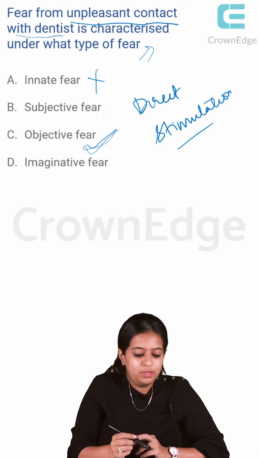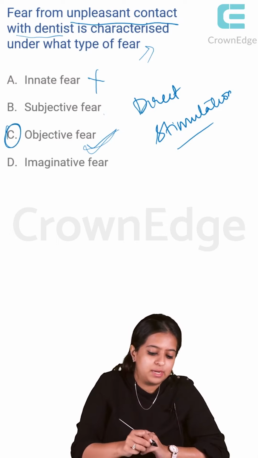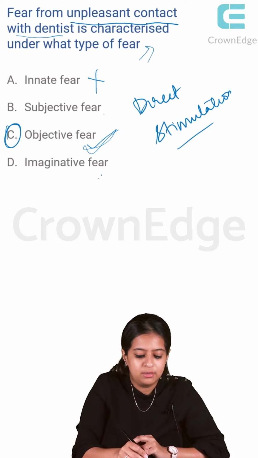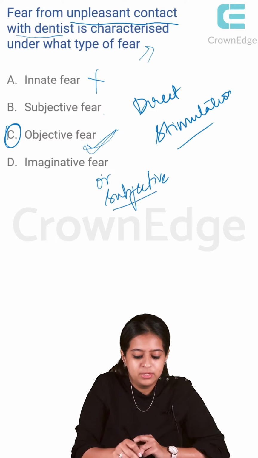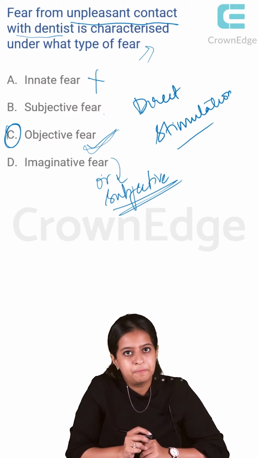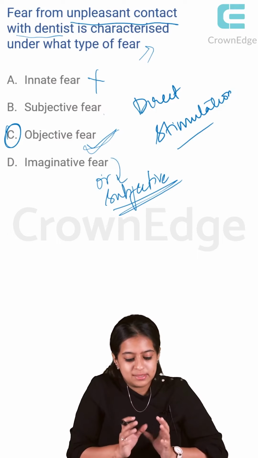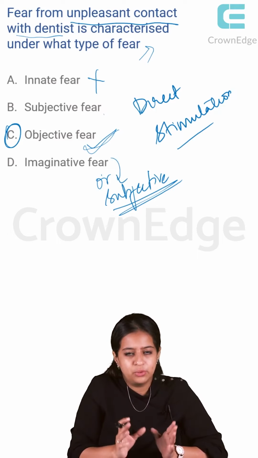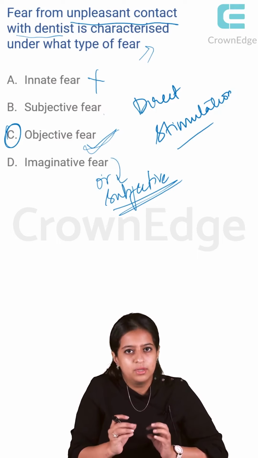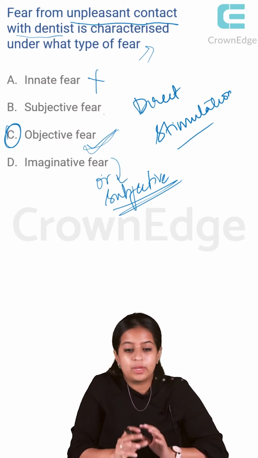So objective fear is the right option. Option C is the right option. Imaginative fear is another name for subjective fear, like I told you. Okay, so use your presence of mind, know these three points very clearly, what exactly comes under objective and subjective, and answer this question.